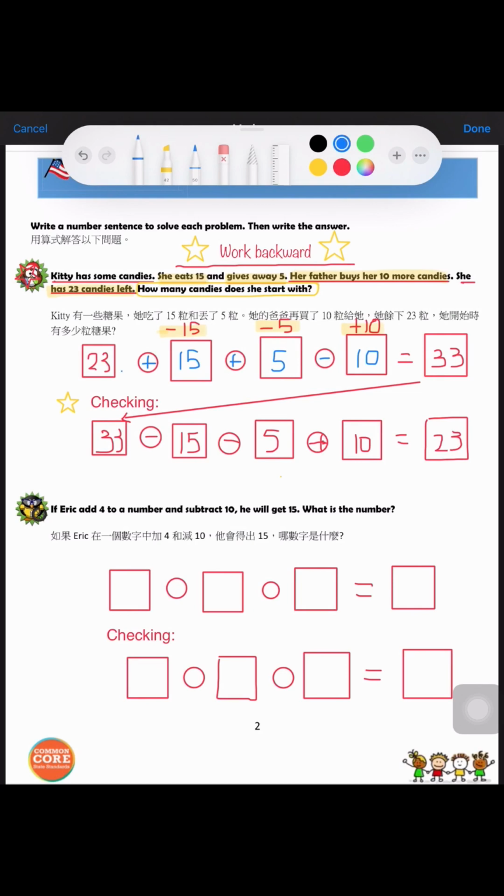And it equals to 23. We can see that it is the same as the candy she has left, which means it's correct. Let's move on to the next question.